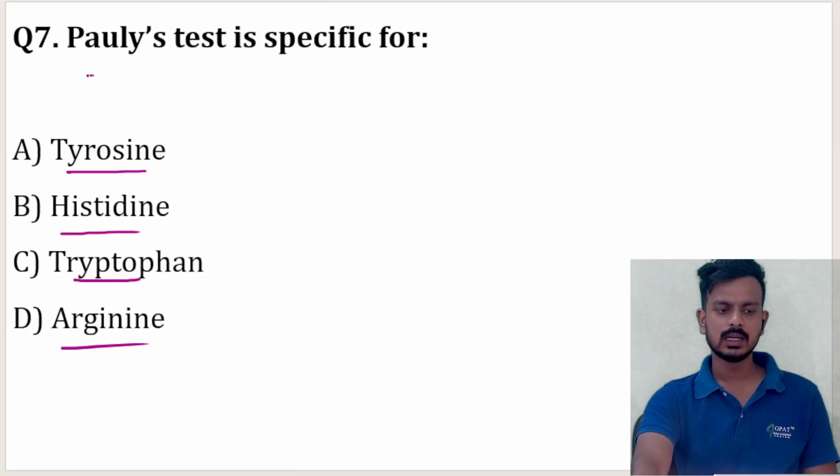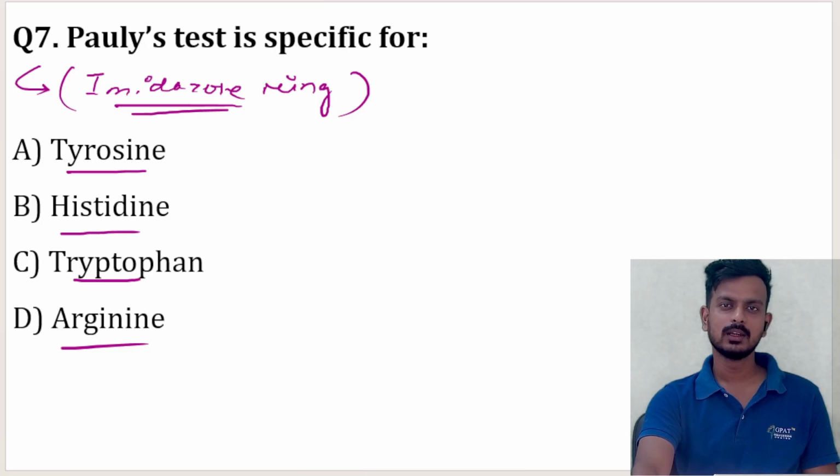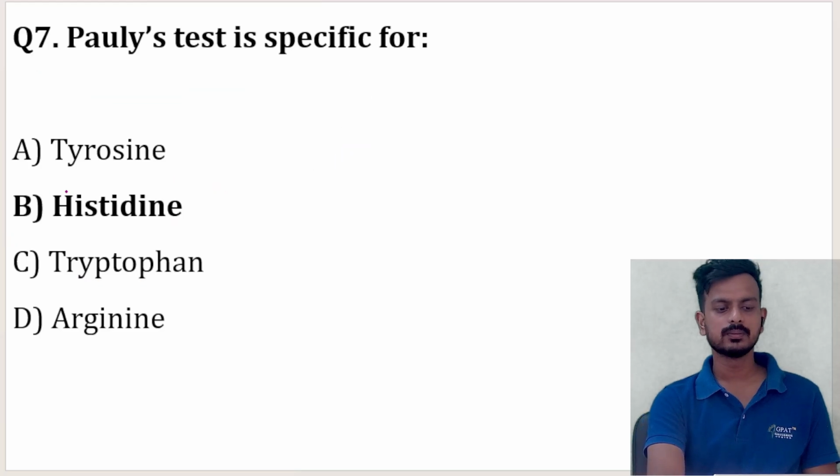Can I say it detects this ring? Tell me. Imidazole ring. Very good. Imidazole ring is detected. So imidazole ring is present in which amino acid? Histidine. So the correct answer will be option B, histidine.